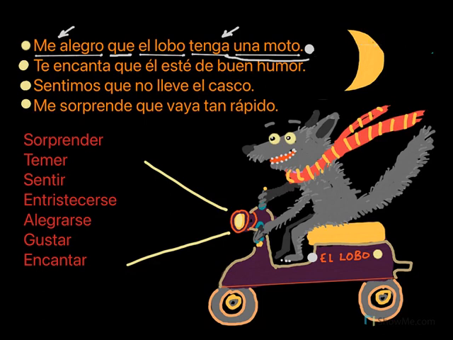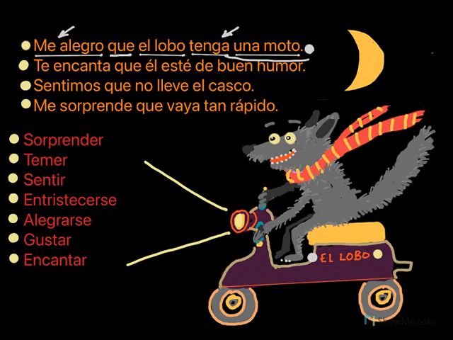Sorprender, to be surprised. Temer, to be afraid. Sentir, to be sorry. Entristecerse, to become sad. Alegrarse, to become happy. Gustar, to please, literally, even though it's translated as to like. Encantar, to please, even though it's translated as to love.